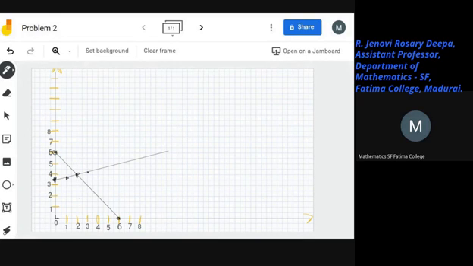Then one more line we have to draw. That is 2, comma 0. First you mark the point 2, comma 0. This is the point here. Then the next point is 3, comma 1. So 3, comma 1 is here, this point.